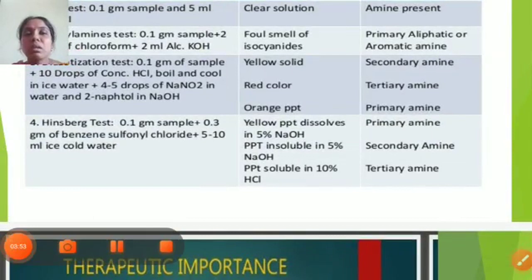If the yellow precipitate is insoluble in NaOH, then it is a secondary amine. If the yellow precipitate is soluble in 10% HCl, they are tertiary amines. 5% NaOH, precipitate dissolved: primary amine. Precipitate insoluble in 5% NaOH: secondary amine. Tertiary amines react with HCl. So these are the qualitative tests for amines.